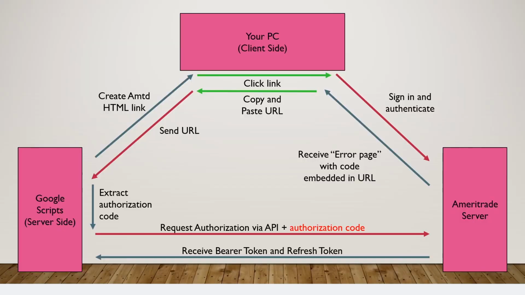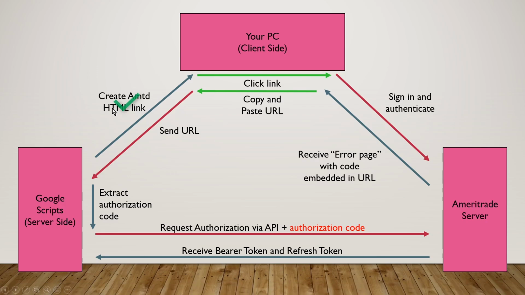Okay, so let's do a quick recap of what we've done. We did manage to create the Ameritrade HTML link, and then on the site pane, on the PC side, you would click it. It would then launch the sign-in and authentication page on the Ameritrade server.